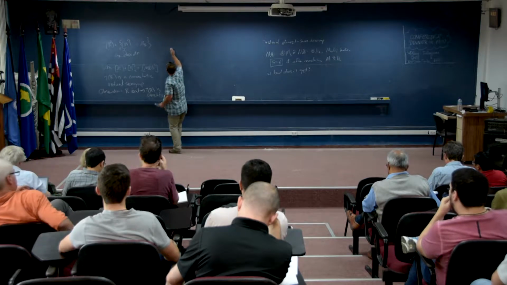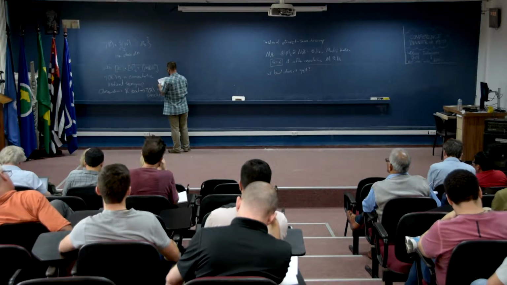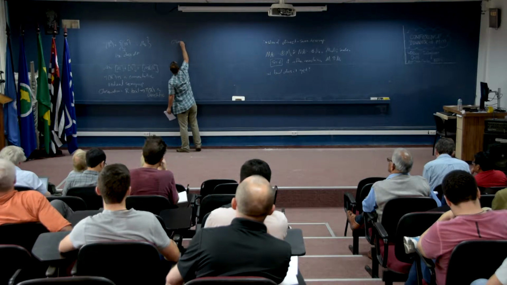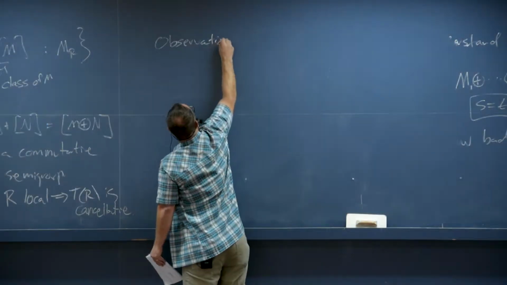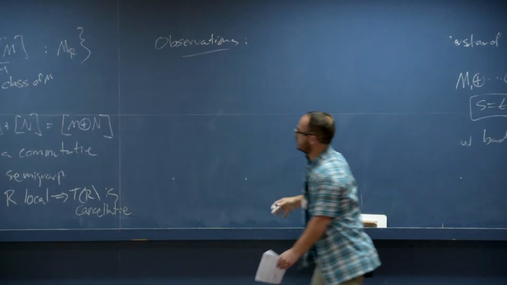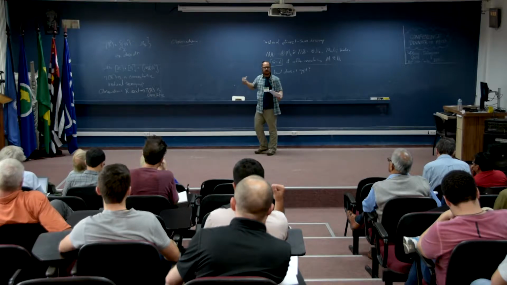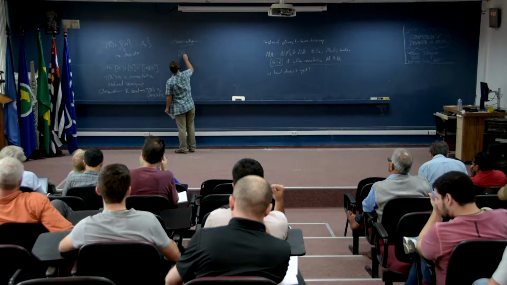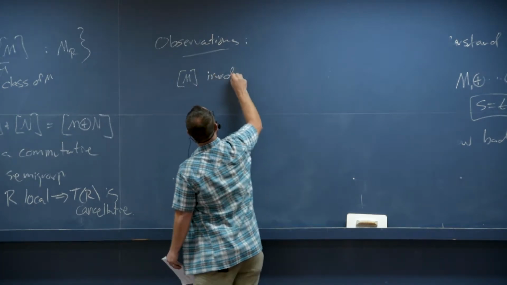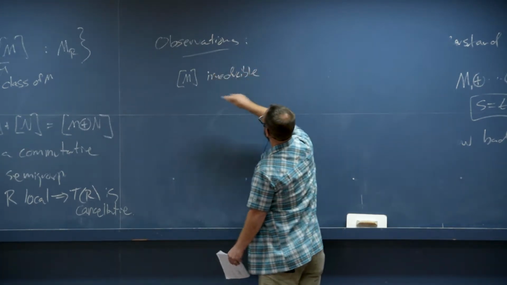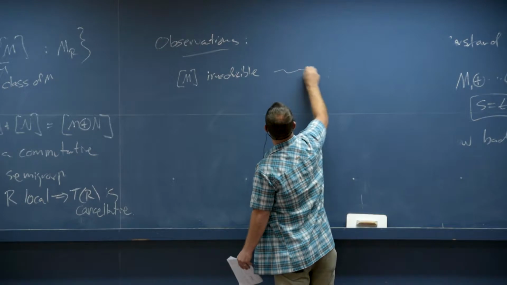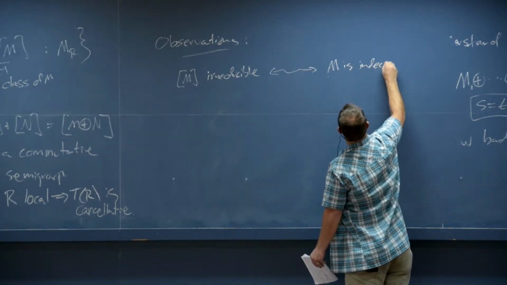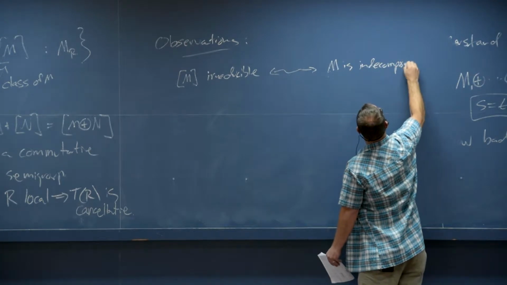So we have these nice observations that let us transfer information from this semigroup to the structure of direct sum decompositions. An element in T of R is irreducible just says that M is indecomposable. Right?